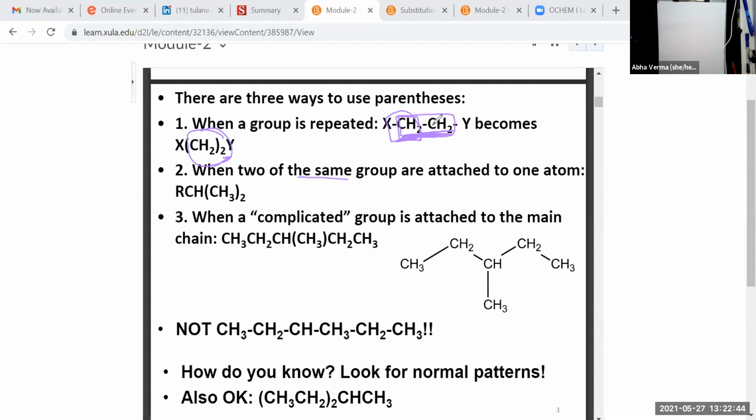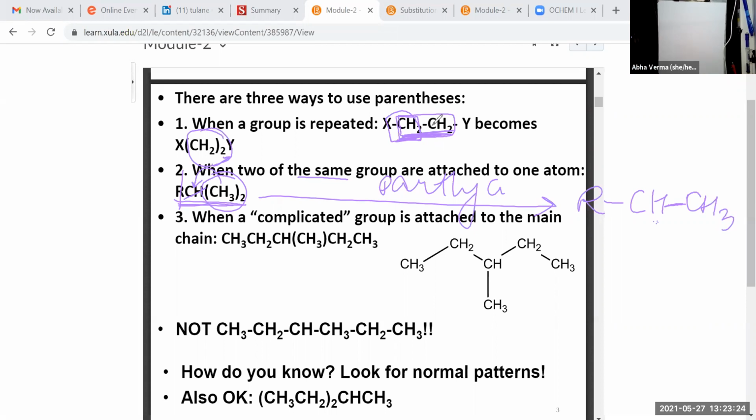The next thing is when there are two groups of the same type, they both are attached to the atom before them. So how would you write this out? There is R, and if I have to write the partly condensed structure, I will have bonds between each unit. So between RCH, remember this H will stick with the carbon. It will not exist on its own. And then I have how many CH3 units? I have two CH3 units.